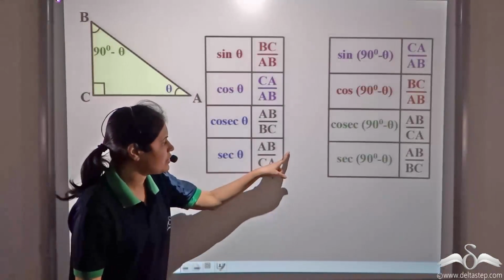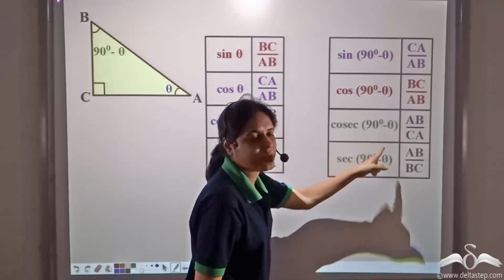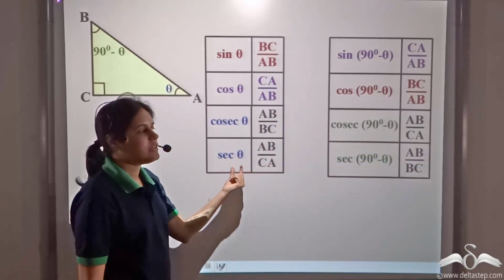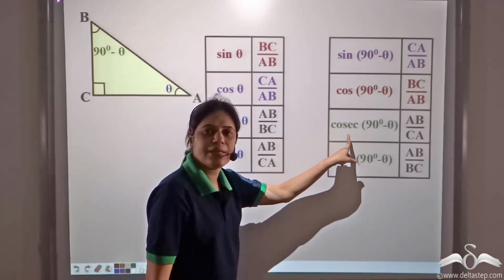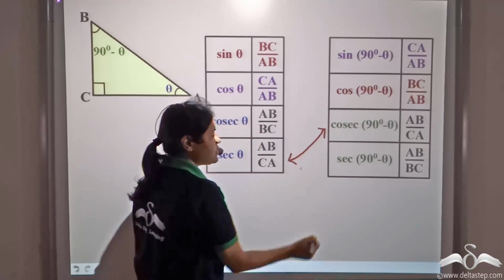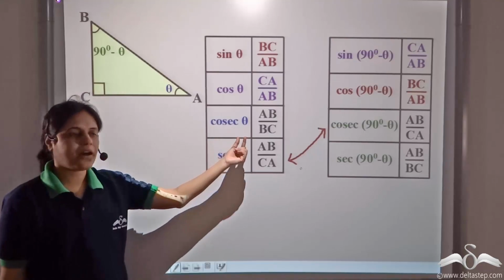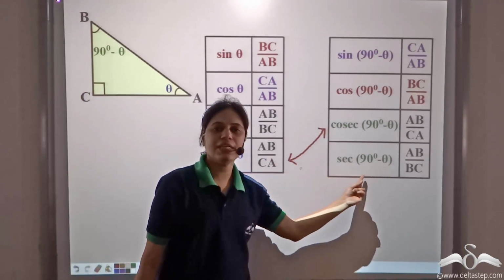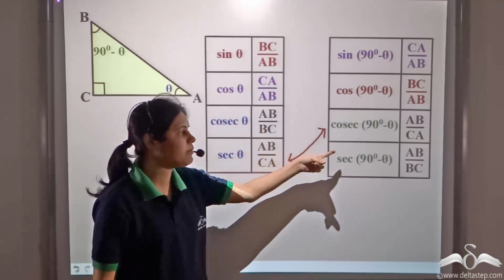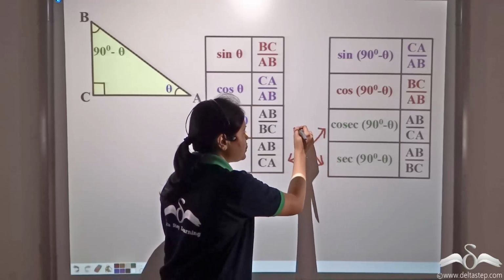Now observe that this is equal to this. So sec theta is equal to cosec 90 degree minus theta. Also, cosec theta is equal to sec 90 degree minus theta. We have AB by BC in both.